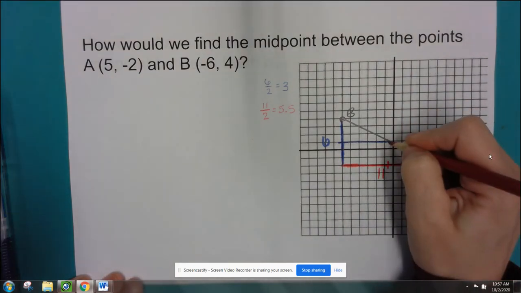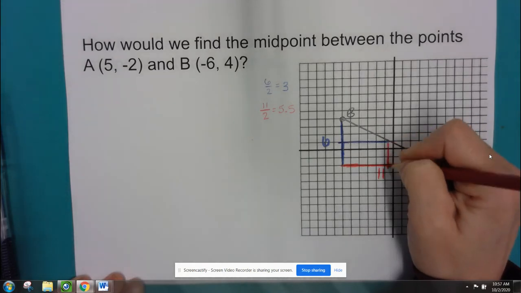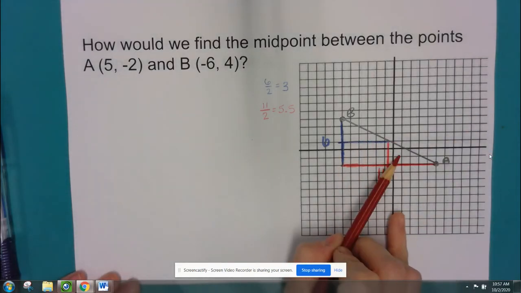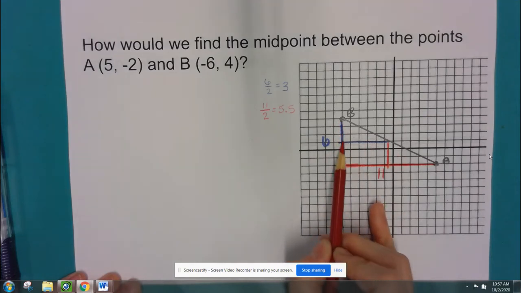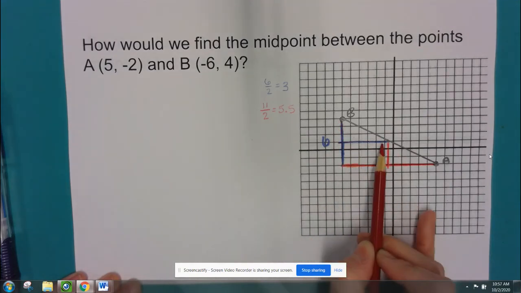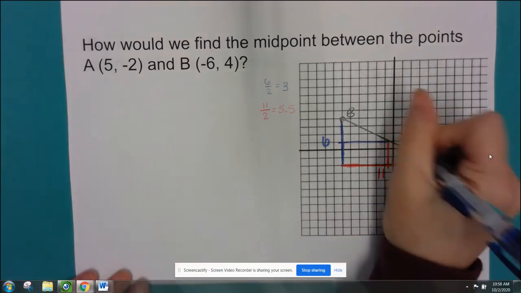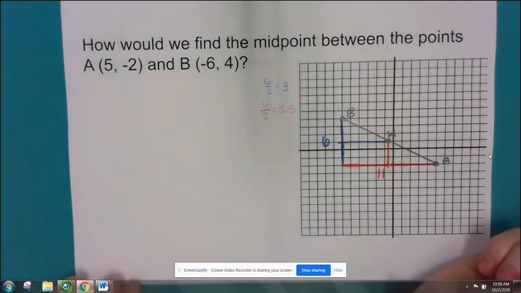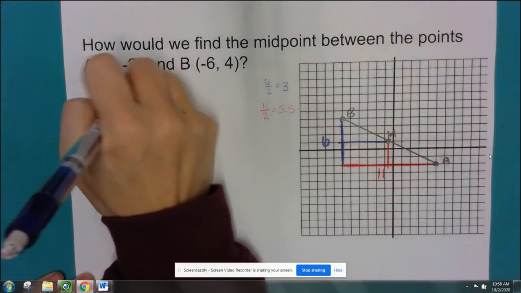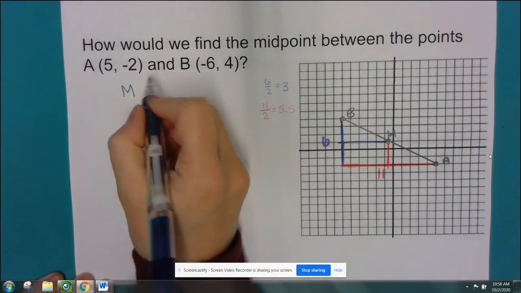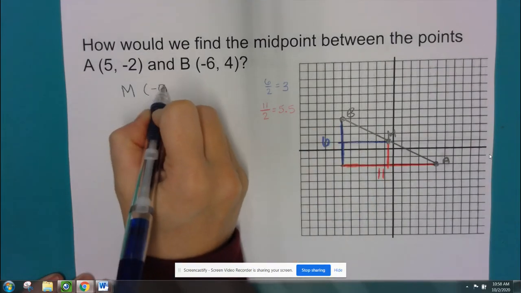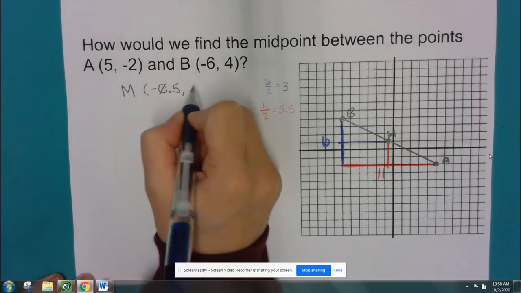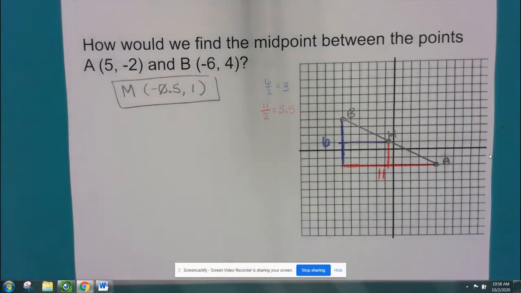So that's perfect. And if you look, I cut this into 2 mini triangles that have the same vertical distance of 3 and the same horizontal distance of 5.5. And it gives me my midpoint. So here my midpoint, and I always label it as M, is the point -0.5, 1.